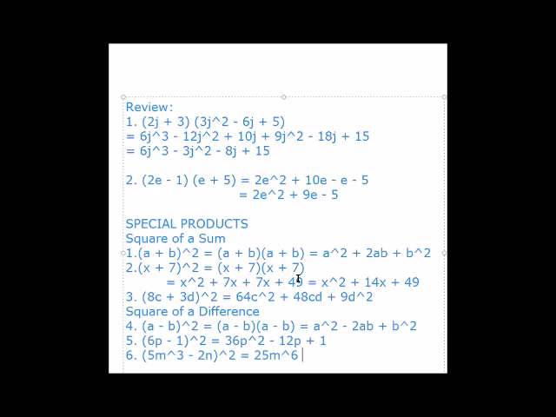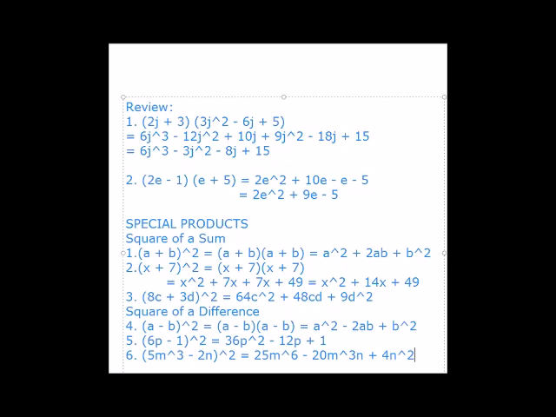Negative 20m cubed n. Yes. And then? Negative 2n times negative 2n, 4n squared, ma'am. Plus 4n squared. Great.